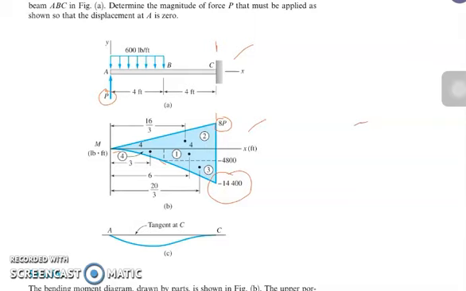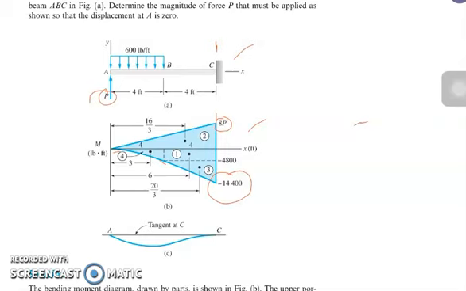We only have two loads on our load diagram, so that we can compute for our P. To compute for our P, we just have to sum up the areas of our bending moment diagram.